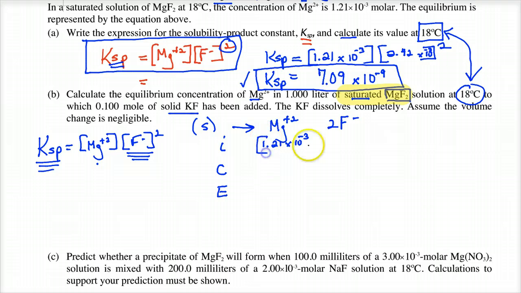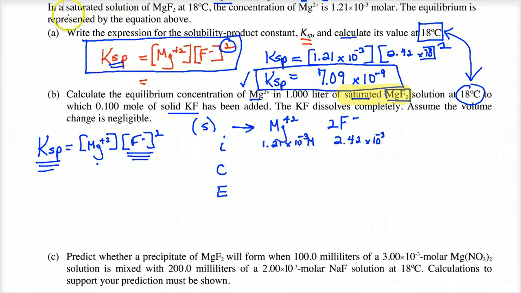That's our concentration of Mg²⁺. Molarity is what we put in an ICE table, in an equilibrium table. Now, how much fluoride ions do I have? Well, I know that I have twice that number, so 2.42 times 10 to the negative 3 is twice as big. Okay, that's what I have.